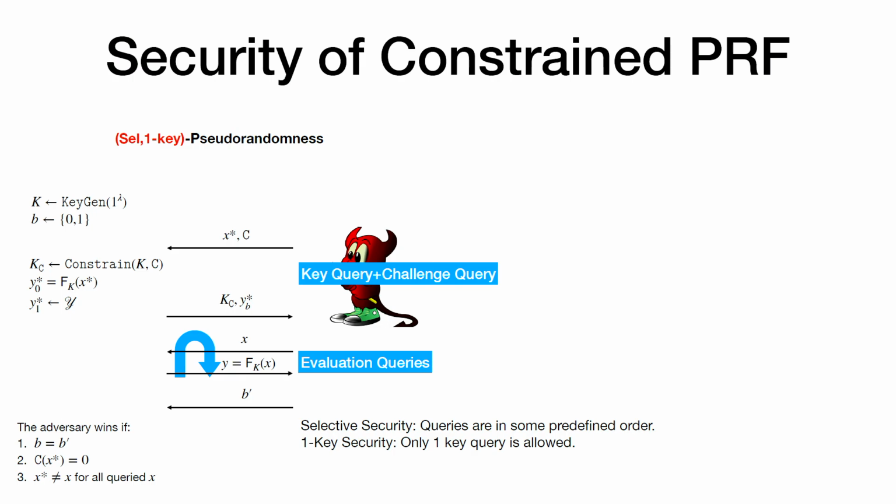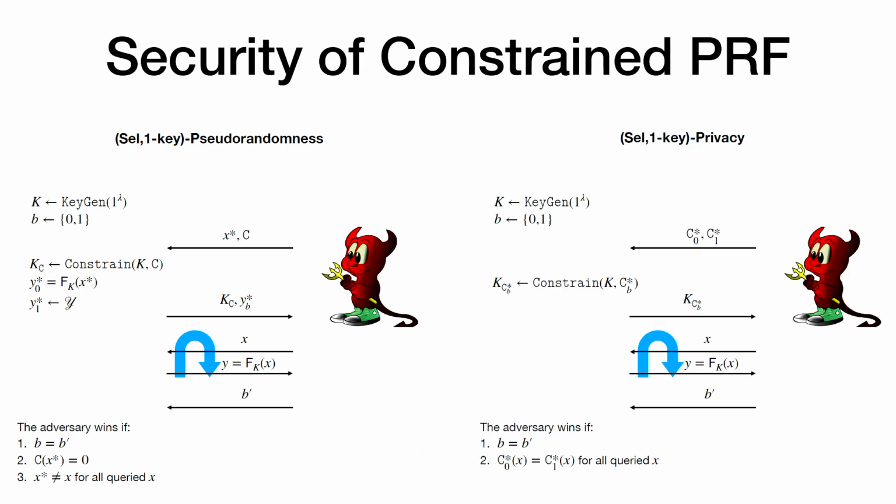Also in this definition, the adversary can only get one constrained key, so this is usually denoted as 1-key security. So this is the basic definition of selective 1-key pseudorandomness, and in a similar way, we can define selective 1-key privacy. The two security definitions are satisfied by all the circuit constructions of constrained PRFs or private constrained PRFs.